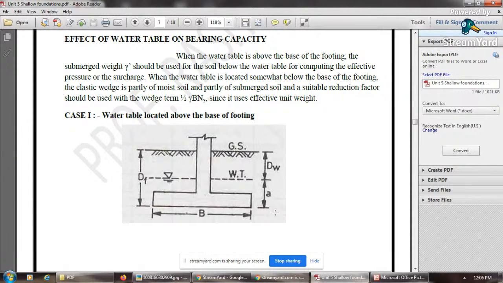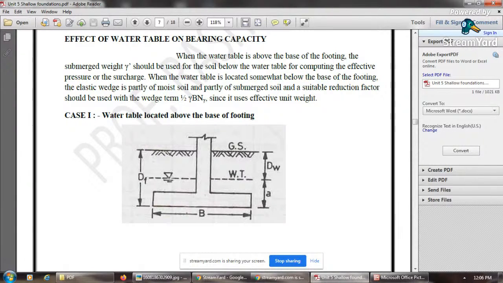So in the first case, water table located above the base of footing. So what does it mean? This is your ground level, this is your column, and this is your flat footing with width B, and this is your foundation depth Df.